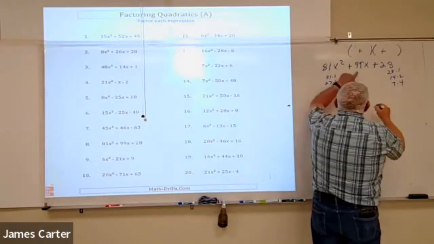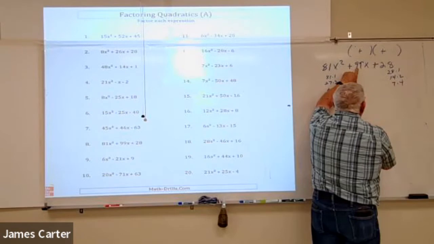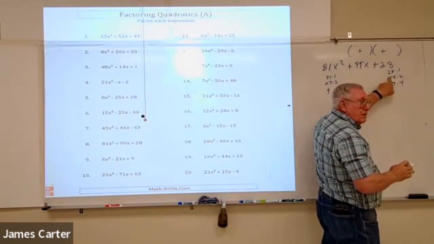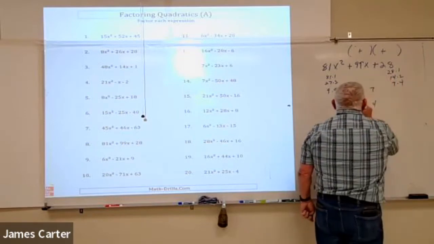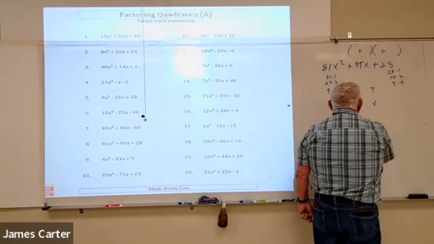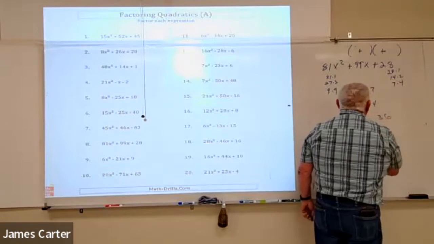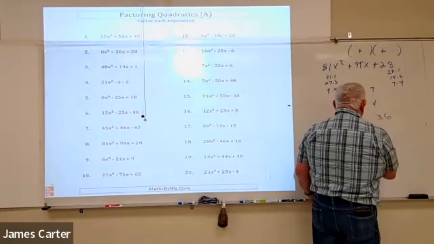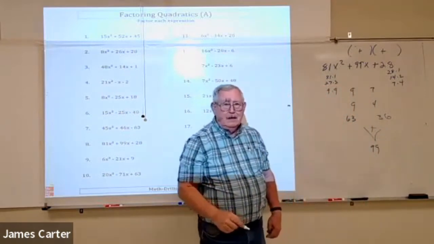Very seldom will it be the biggest ones, although it can be. Now, I'm going to add, and I'm going to get 99. 9 times 10 would be 90 by itself. So I'm probably going to use either one of these two. So I'll try the 7 and the 4. 7 times 9 is 63. 4 times 9 is 36. We're going to add 99. Ding! Okay.